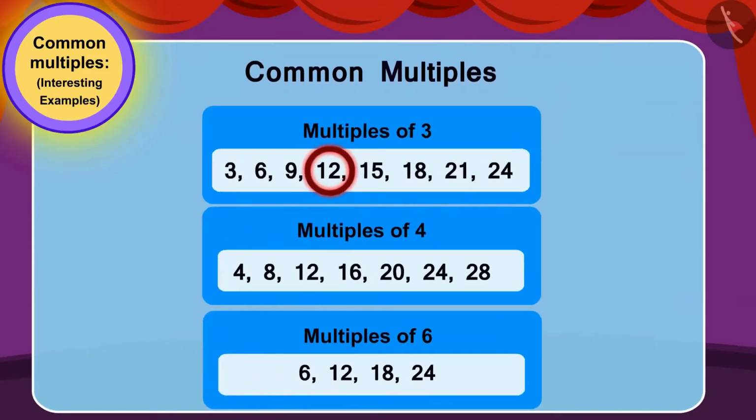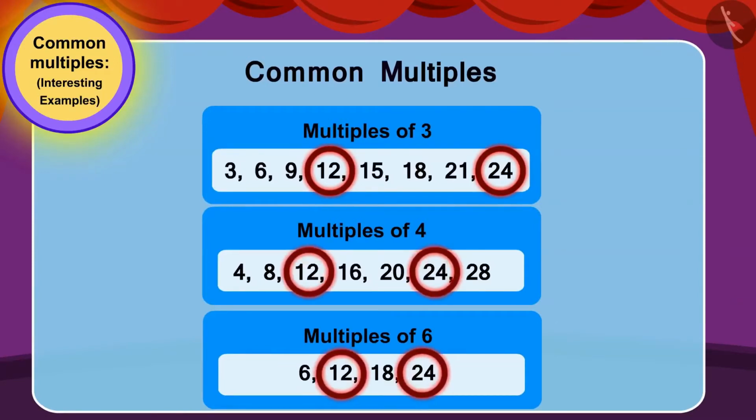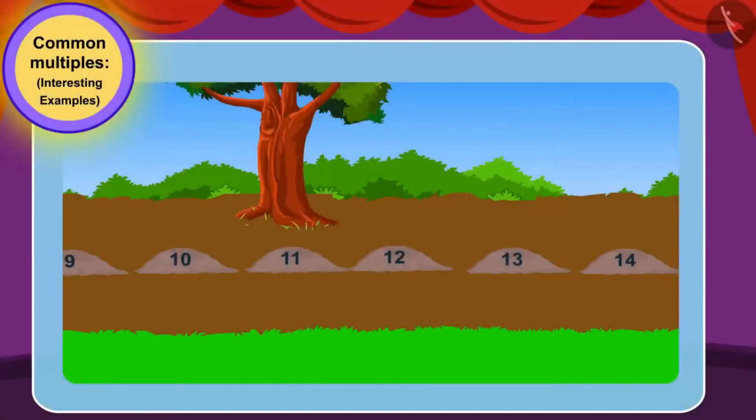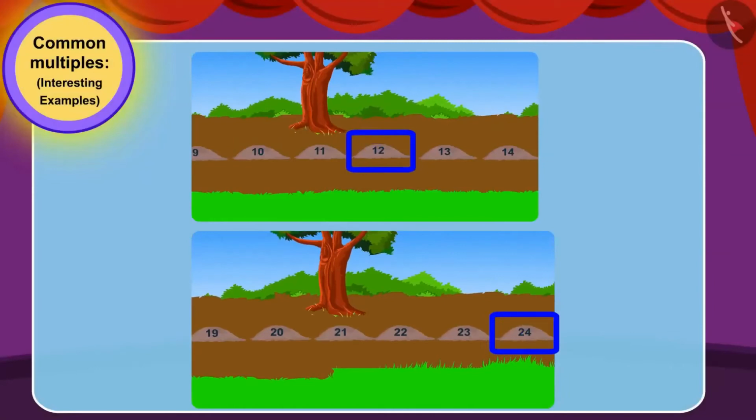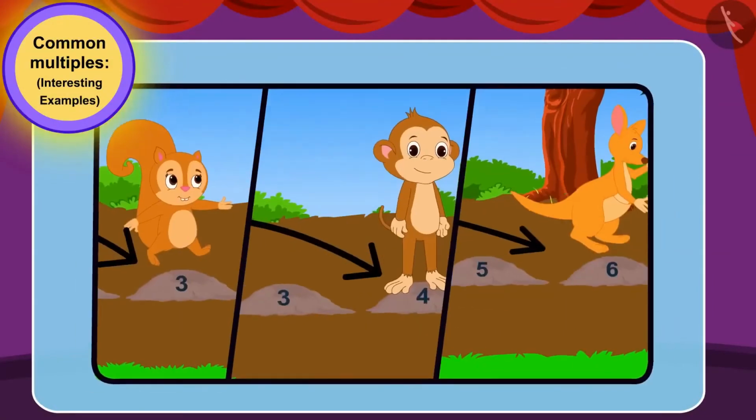Yes, 12 and 24. 3, 4 and 6 have these common multiples. Because there were only 2 stones on which the three friends had jumped, the three friends crossed the marsh successfully and reached the way out.